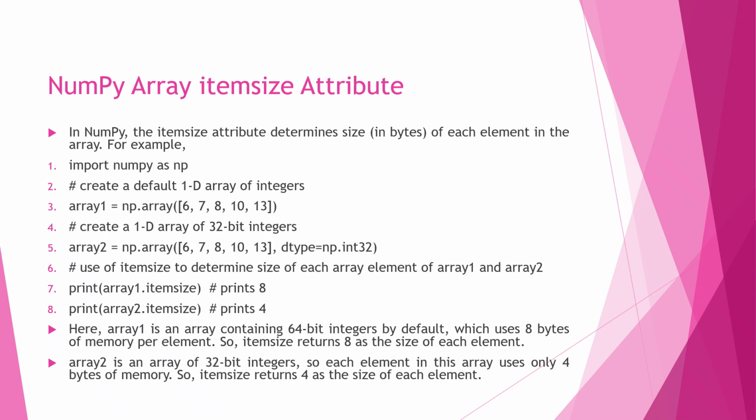The second one is a 1-dimensional array of 32-bit integers. For the first one, it allocates by default 8 bytes for each element, and for the second one it allocates 4 bytes only, because we have specified explicitly that it is an int32 type. So the item size is 4 bytes here. For array 1, each element takes 8 bytes in memory.